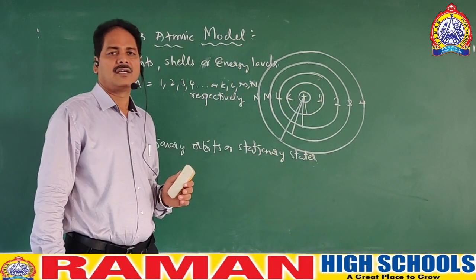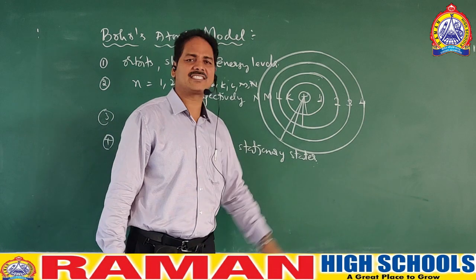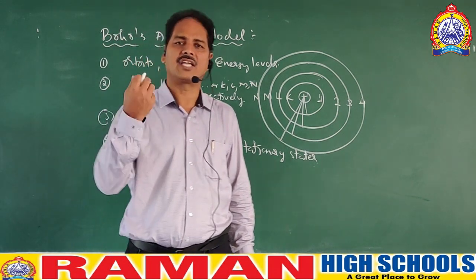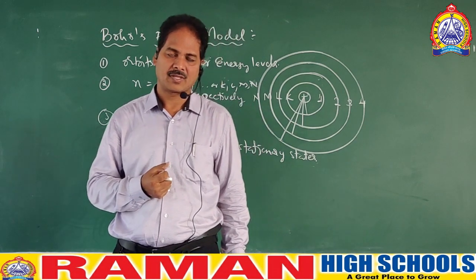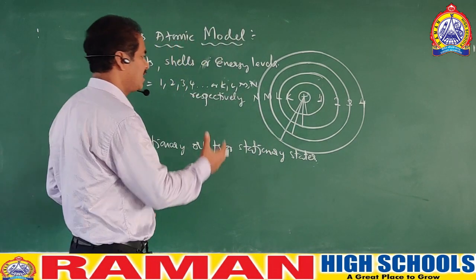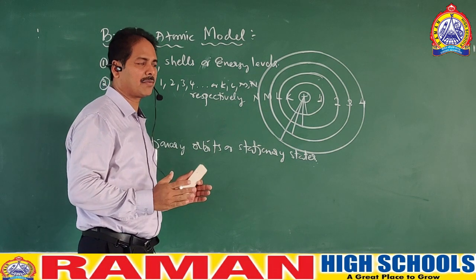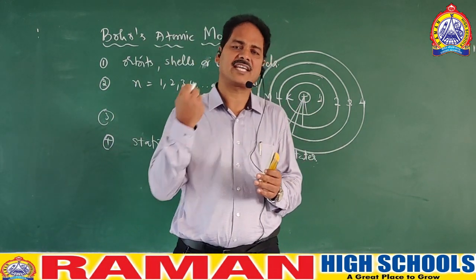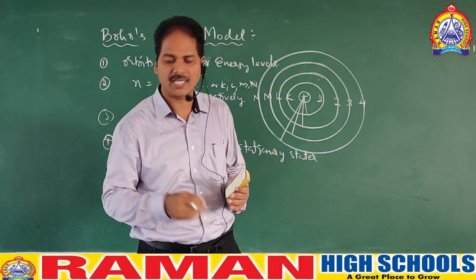But the electrons present in these orbits can take energy or lose energy. So the energy of the orbit is fixed, but the energy of the electron is different. Electrons will take energy and electrons will lose energy.